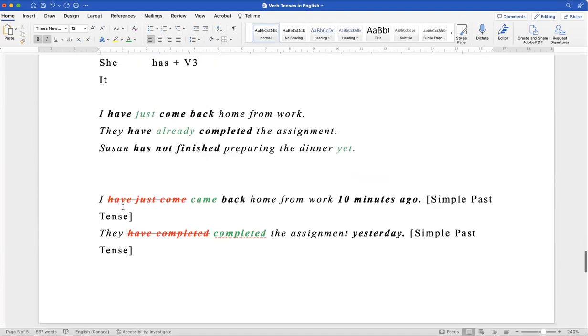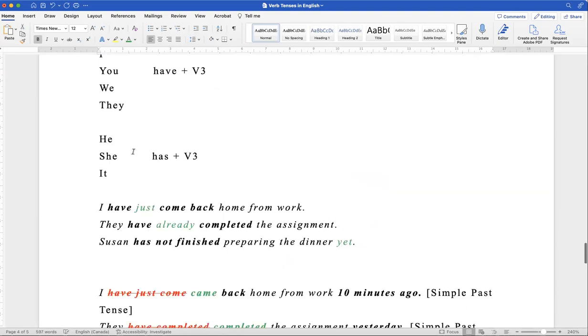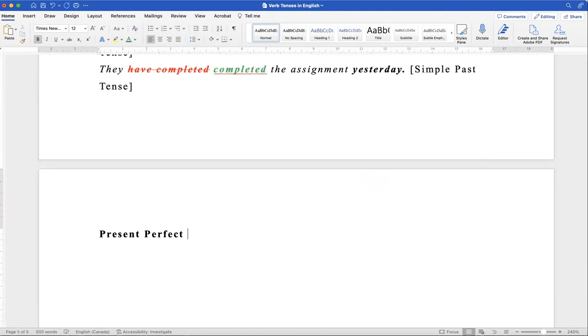Okay, so we talked about present perfect tense, and now we will talk about present perfect continuous tense. This is have or has plus been plus verb ing. In present perfect tense, usually the action has just been completed. But in present perfect continuous tense, the action is in process.